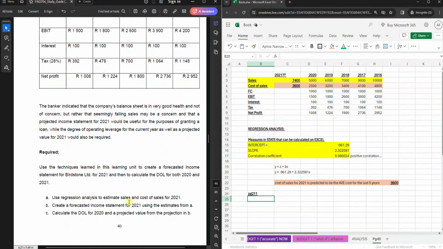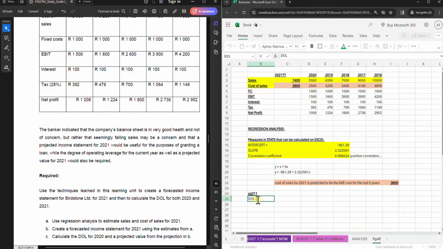They want us to use the DOL, right? Wasn't that what they asked you? DOL for 2020. So the degree of operating leverage formula, where's the equation? It's there. Is it sales minus variable costs over earnings before interest and taxes?